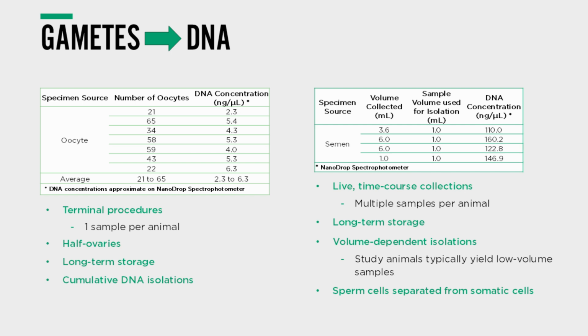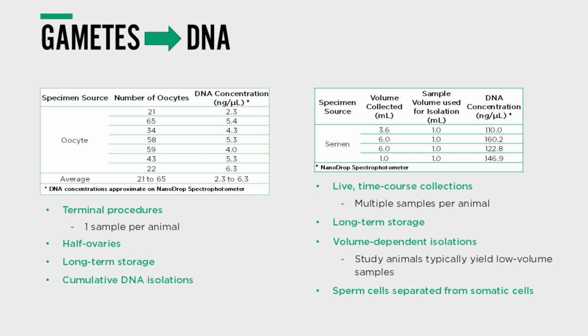So to reiterate the variables that we incorporated at necropsy, half of an ovary was collected and slow frozen for more than 3 months. And from these half ovaries, the team was able to collect anywhere from 21 to 65 oocytes. For oocyte DNA isolation, we used a QIAamp DNA Micro Kit with a MinElute column, and we eluted 40 microliters, which was sufficient for library preparation for downstream NGS.